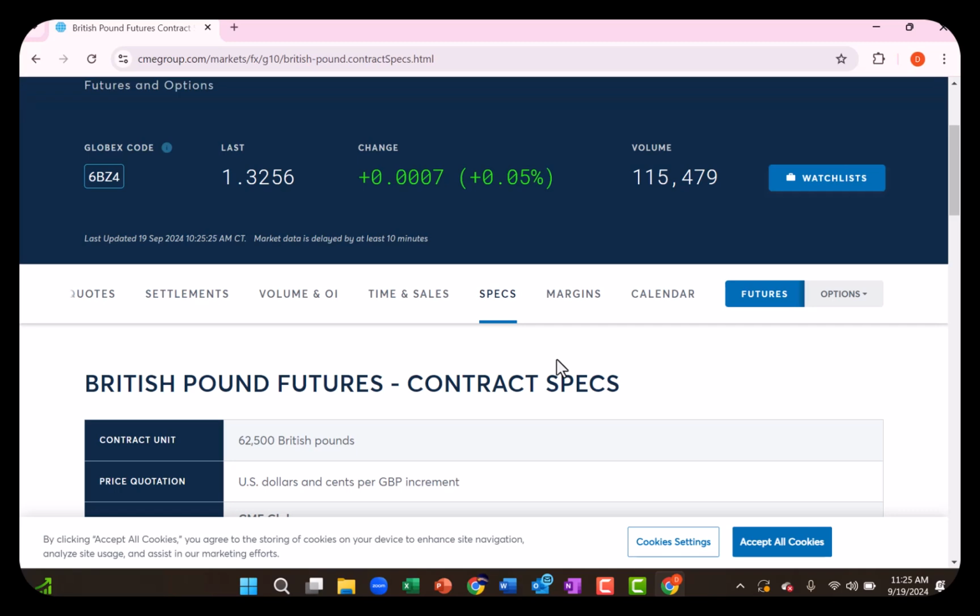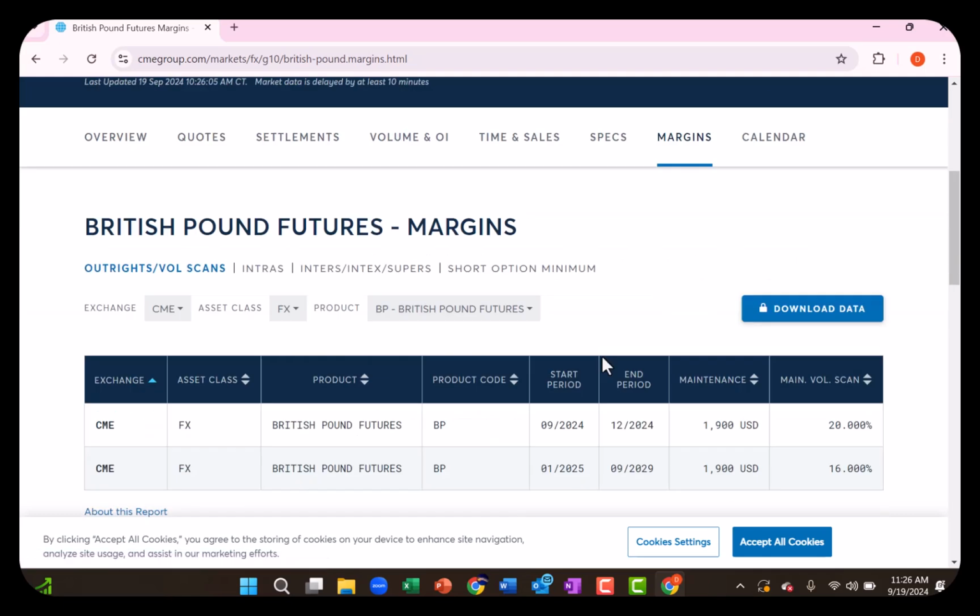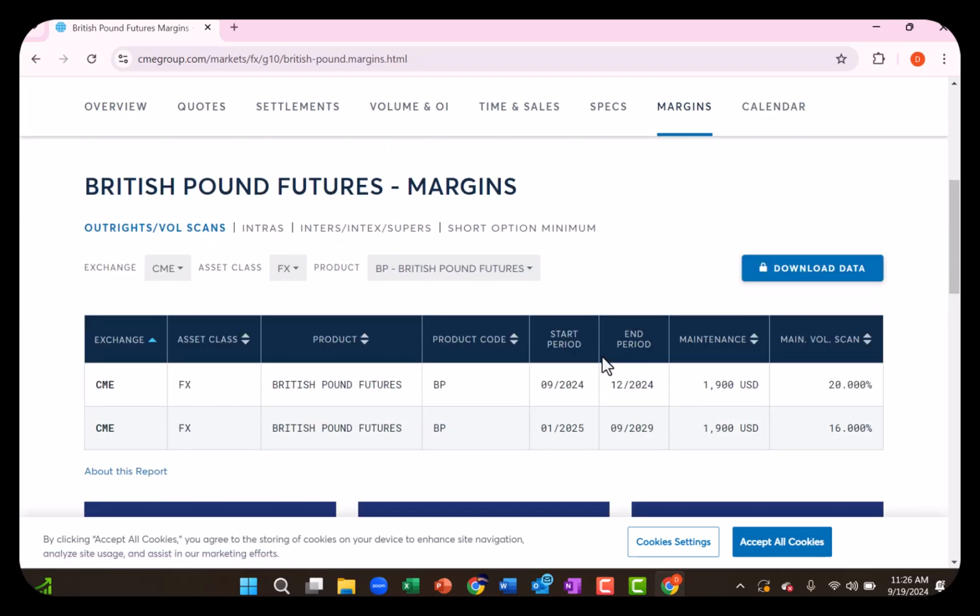The contract size for a pound is 62,500. When futures started trading in the 70s, typically the Deutschmark futures were about 125,000, and the pound was about half of that. So it's a holdover from those days. Margin on that is only 1,900.